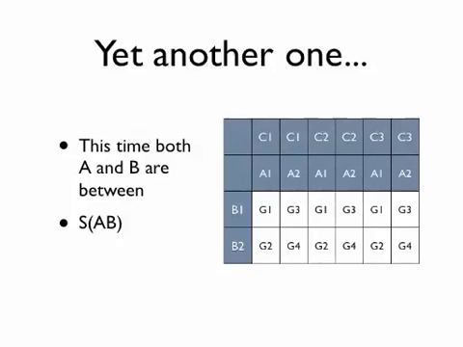Group 2 gets A1, B2. Group 3 is A2, B1, and group 4 is A2, B2. So subjects, we can't just say they're within A or within B, they're within AB. Subjects are within AB in this case.